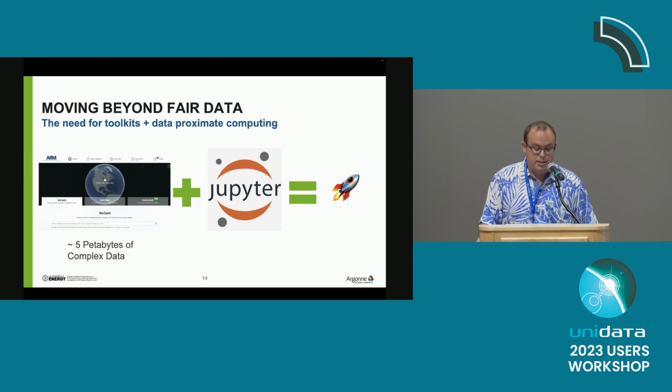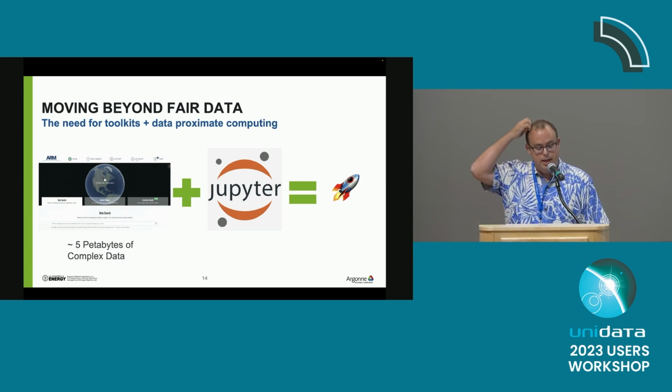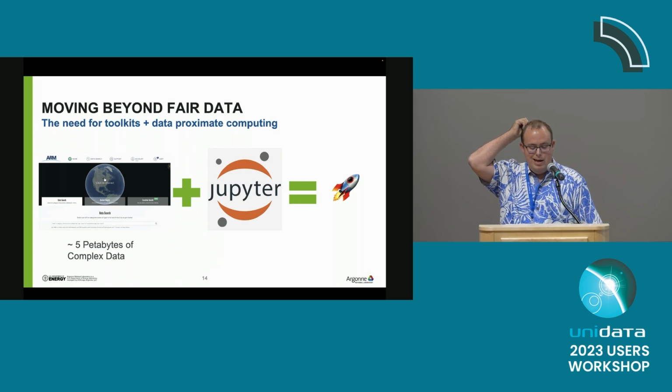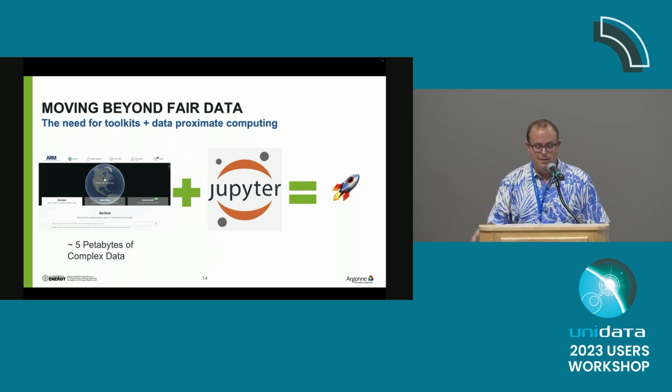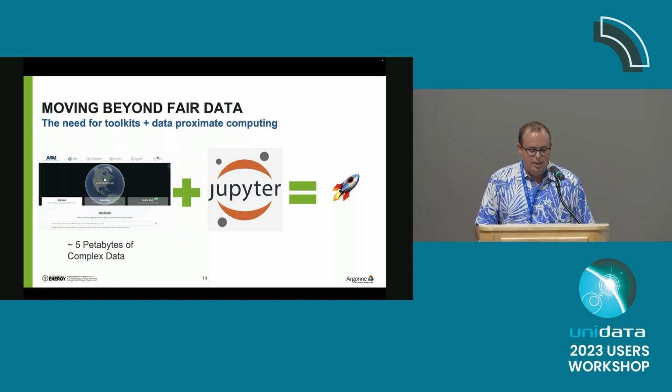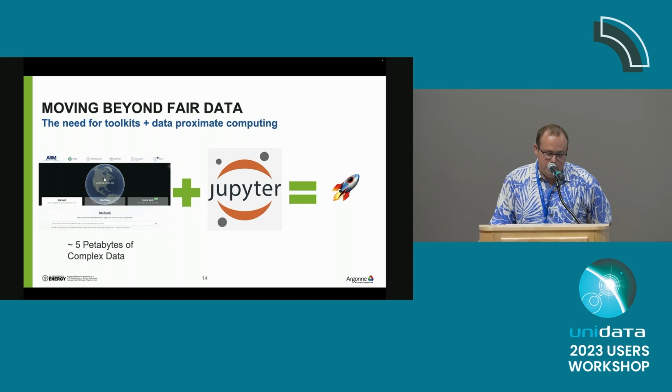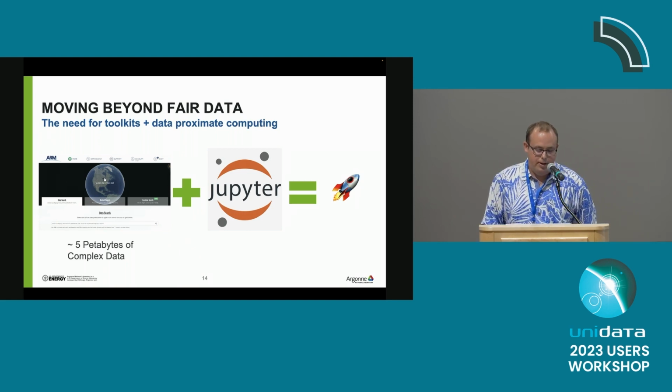So something that's becoming increasingly important is coupling it with Jupyter Hub interfaces and actually providing this data-proximate compute, where you can see here that combining the ARM data with this Jupyter interface, you get right to your analysis. It's increasingly becoming important that we have these different platforms that are located right next to the data.